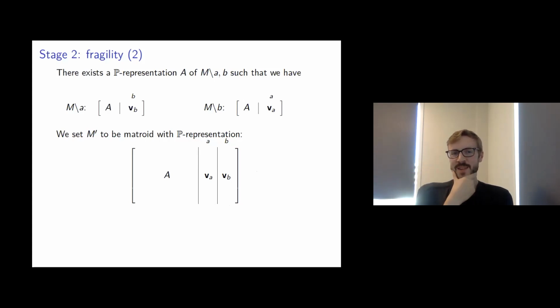Okay, so this matroid M prime, because it's representable, it's not the same as M, because that was an excluded minor. But if you were to delete A from both matroids, you get the same thing. And if you were to delete B from both matroids, you get the same thing. So we've got something that's behaving a bit like M, even though it's not M.